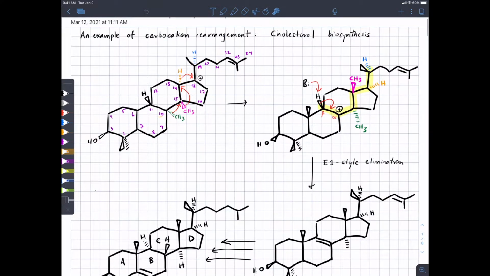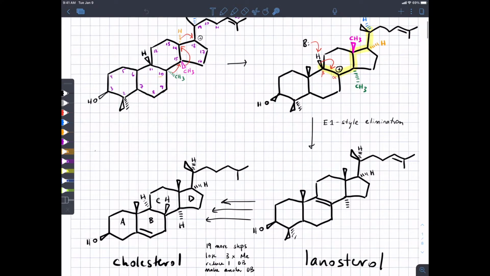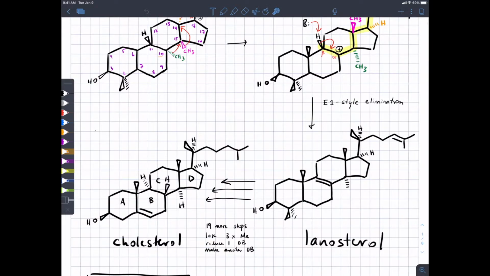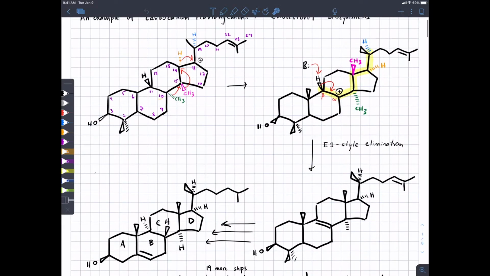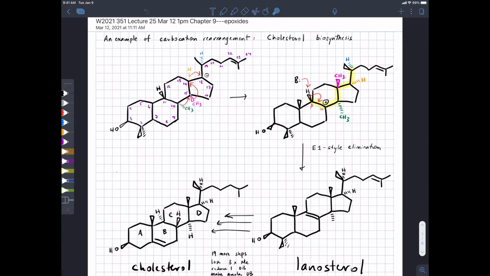So this is a really beautiful example of a process occurring for reasons we can understand, right? We know why tertiary carbocations are stable. We know why tetrasubstituted double bonds are more stable than trisubstituted double bonds. And so, based on these physical principles, the growing up of this structure makes a lot of sense.